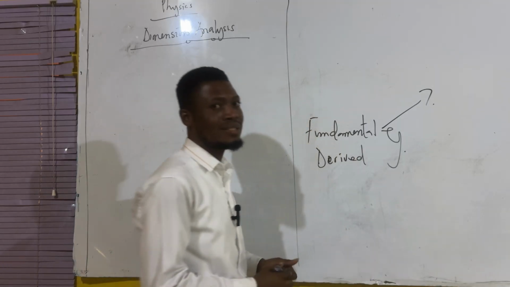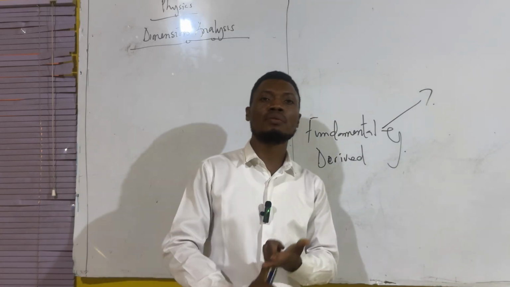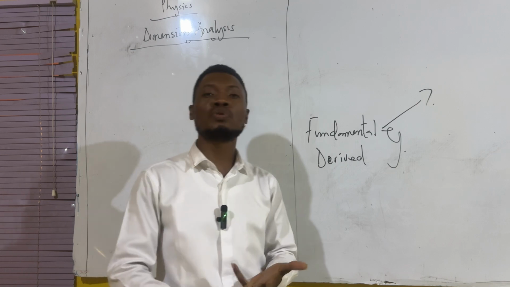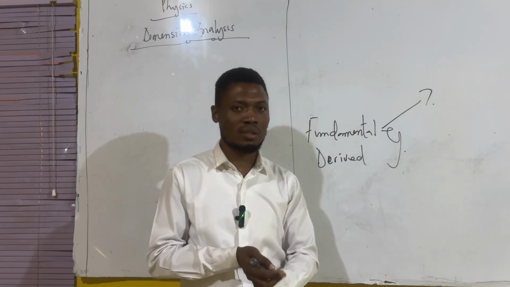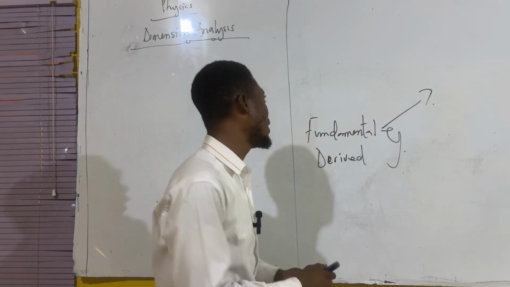Seven fundamental quantities, and they are mass, length, time, temperature, electric current, luminous intensity, and amount of substance. Those are the seven fundamental quantities that we have.